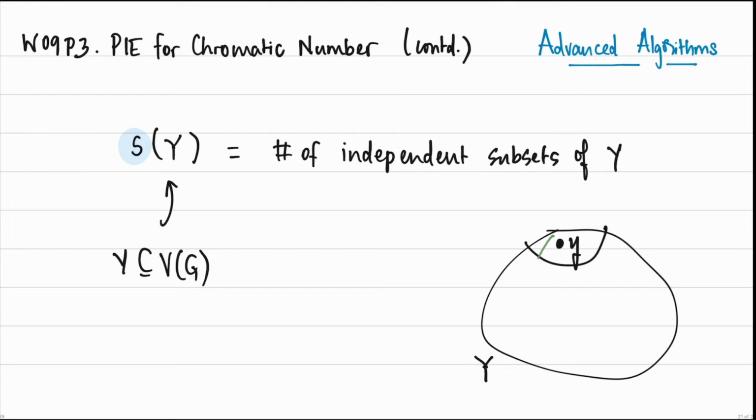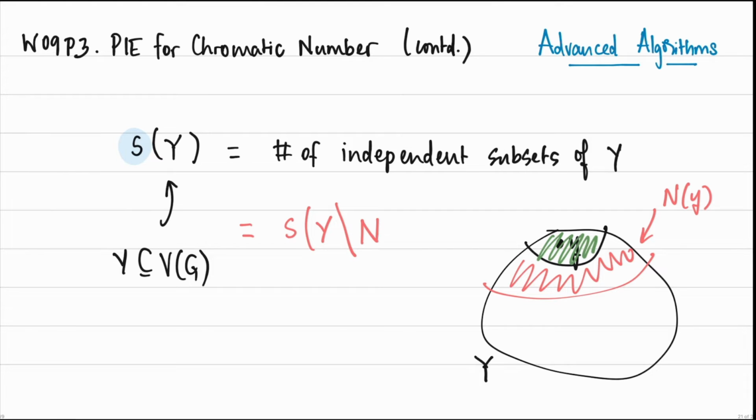So notice that if you're thinking about independent sets that do contain this vertex y, then they don't contain anything in the neighborhood of y. This is something that we also used when we were doing the branching algorithm. So if we want to count all the independent sets that contain y, then that's essentially all the independent sets of y minus the closed neighborhood of the vertex y.